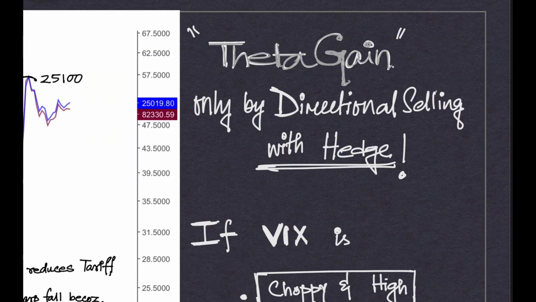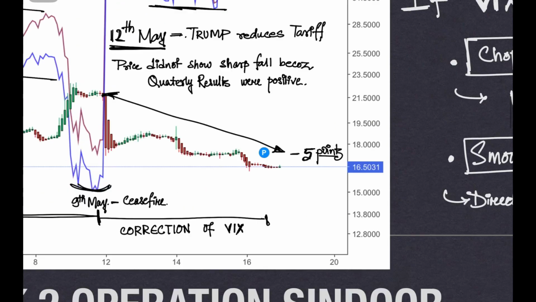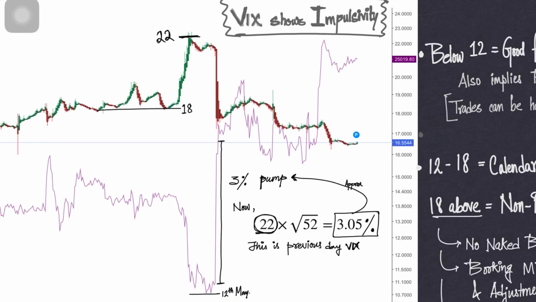Now we do have the ultimate motto in our head that theta gain is only experienced by directional selling when you have a hedge. We should be taking the previous day VIX level and multiplying it with the square root of 52 in order to have the price volatility that is expected in the index over the next week.